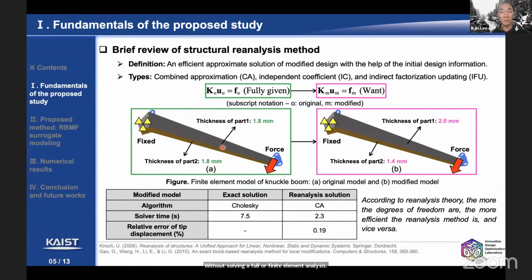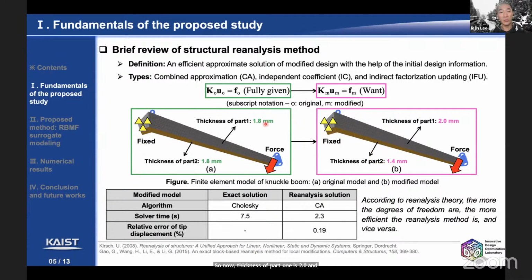So for example, for this structure, the given design is 1.8 millimeter and also 1.8 millimeter. And to obtain the displacement of this structure, we need to solve a full finite element analysis. But for the modified design here, now the thickness of part 1 is 2.0 and the thickness of part 2 is 1.4.